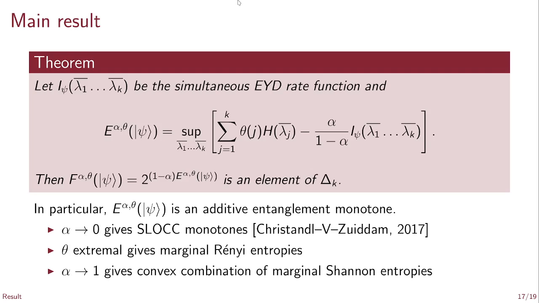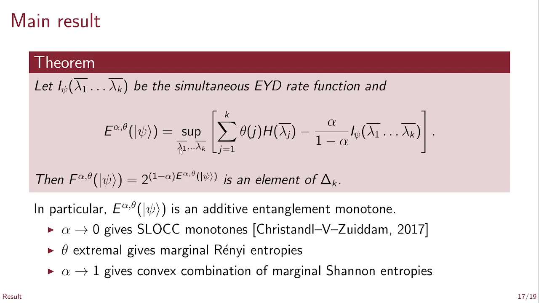So let's get back to the main result again. Let I_psi be the rate function for this simultaneous empirical Young diagram measurement, and then define the quantities as on the first slide, but using this notation now.